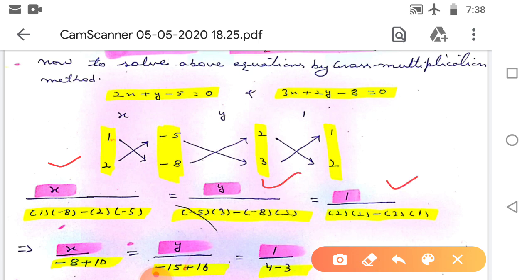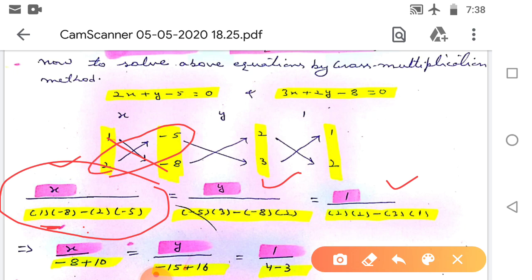Clear? Now here in the denominator 1 into minus 8 minus 2 into minus 5. Look at it.